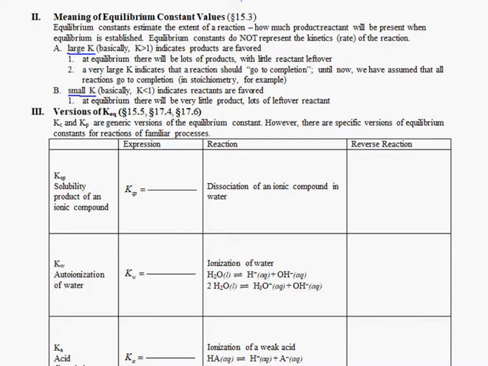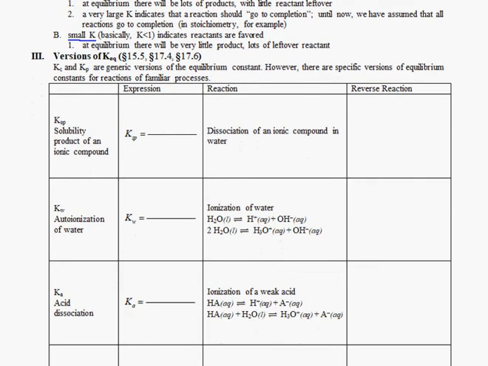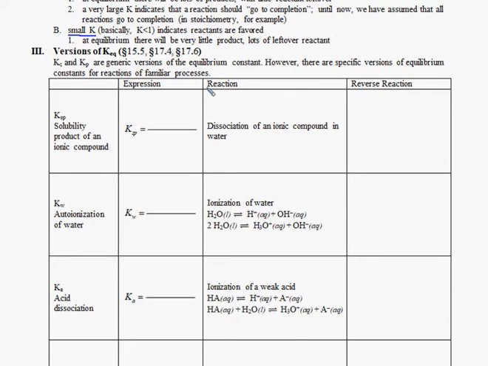The first one is known as Ksp. So again, this is a value of K. This is a version of Kc actually, but this Kc is going to be specific to the solubility of an ionic compound. Let's use lead chloride as an example.